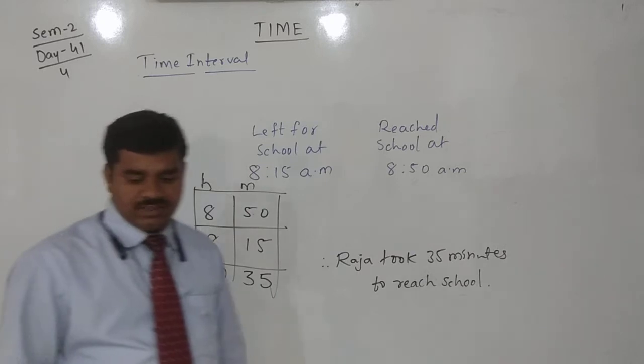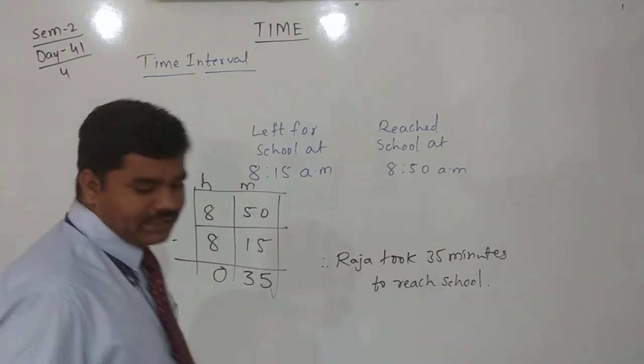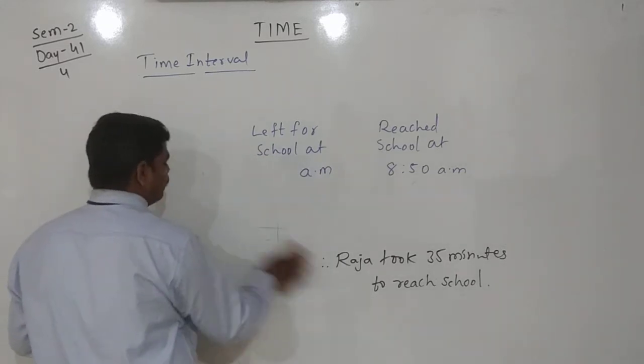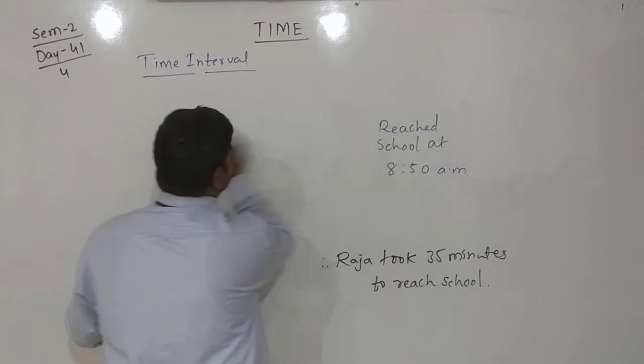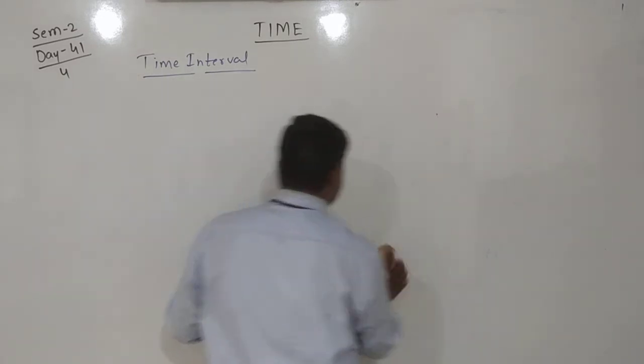Yes, here you will have some activities. How much time do you spend for each of these activities? You should say the time. That interval you should write.